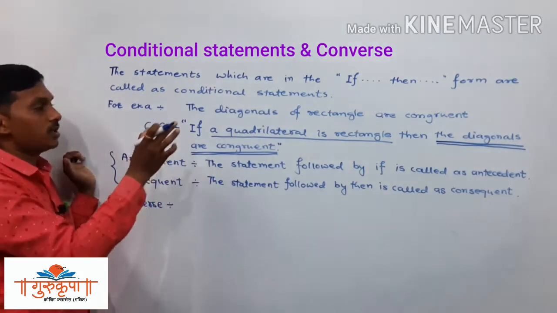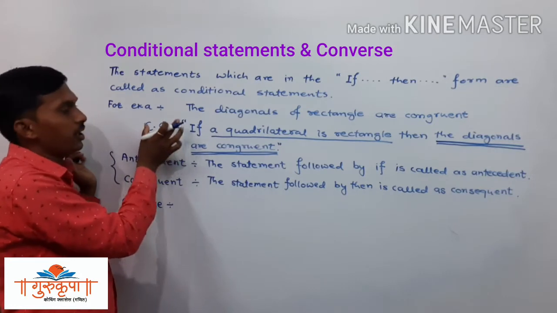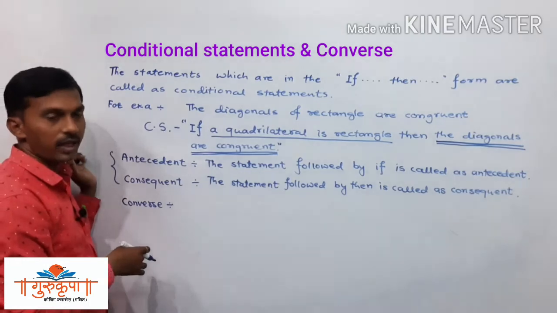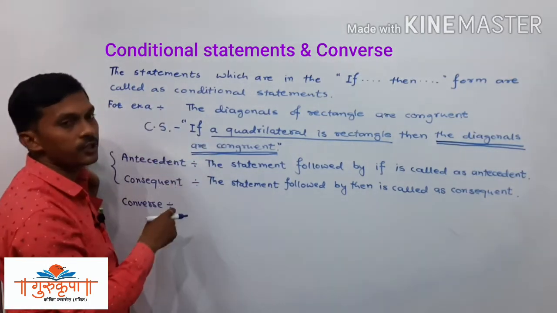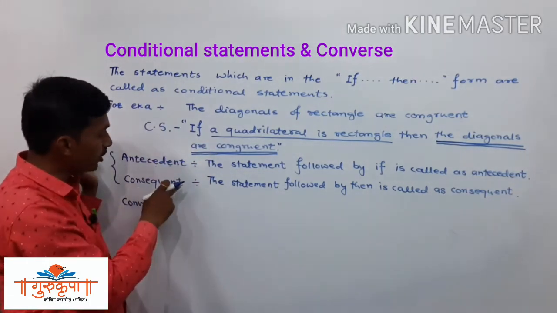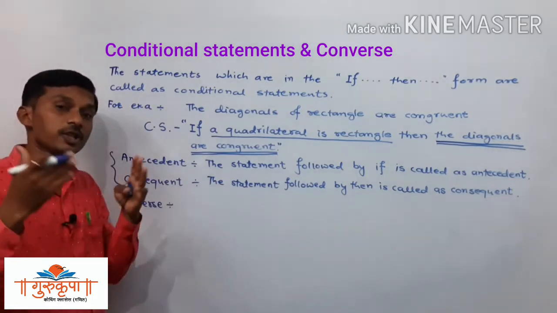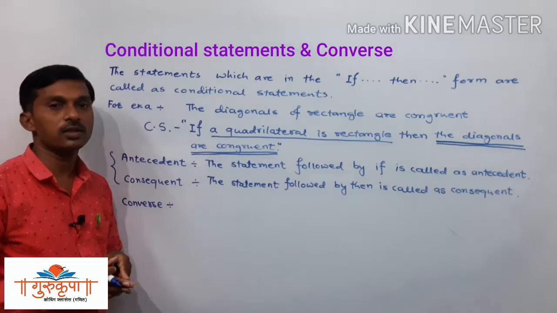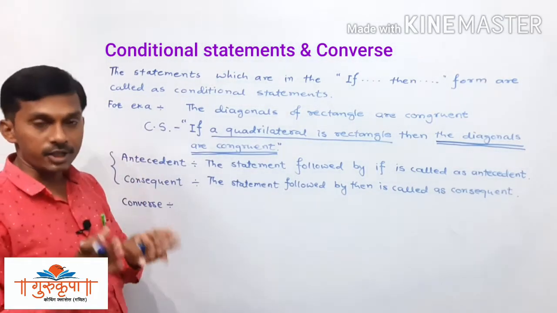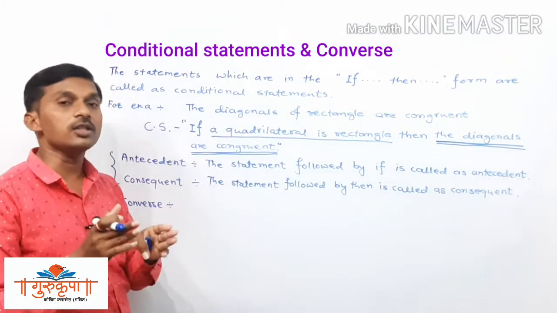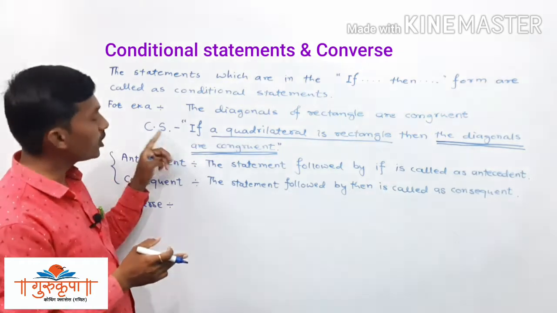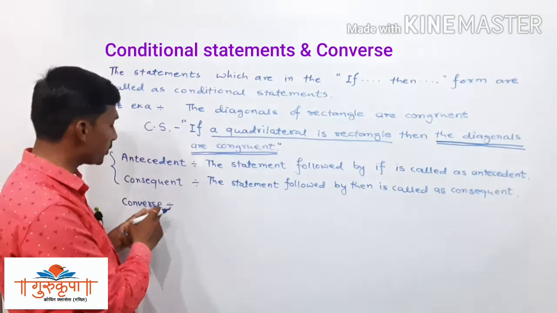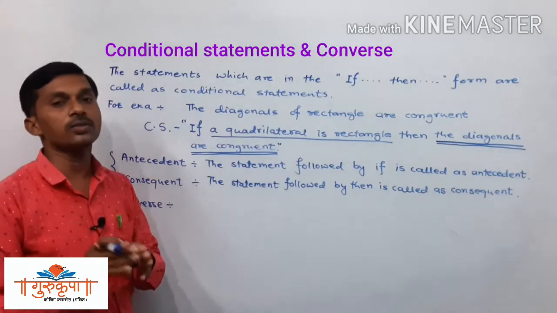Here, if we have a given conditional statement and in that conditional statement the antecedent and consequent get interchanged, then it is called the converse. If the antecedent and consequent from the conditional statement are interchanged, then that new statement is called the converse.